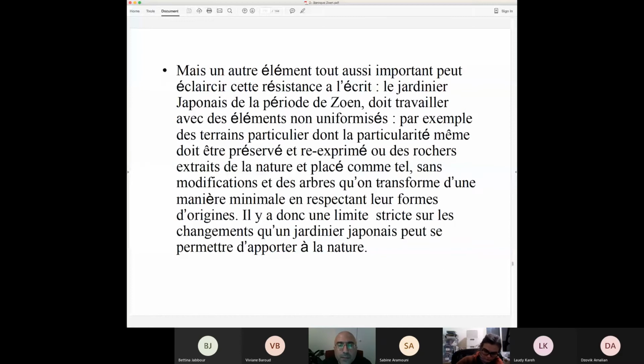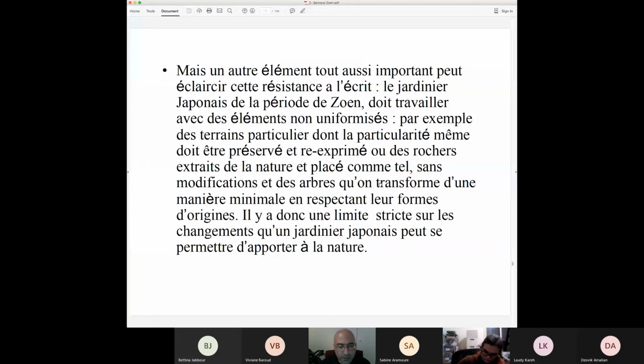It's that Japanese gardens, or the Japanese gardener, who were great artists, by the way, of the period of the web, had to work with non-uniform, non-standardized elements. They were working with particular terrains.